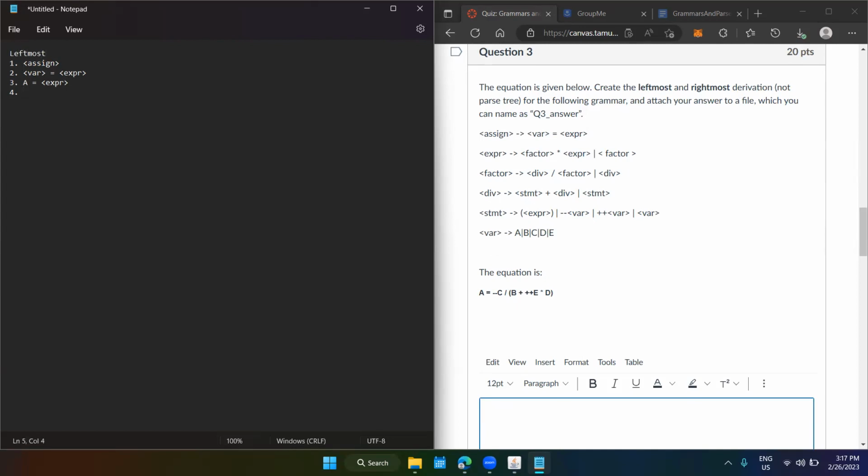So four, we're going to factor because we're dividing. So A equals factor. Does that look good? Yes. Okay, then this one's gonna be div, divided by factor. Okay, then our div is gonna be, div points to statement, I believe.